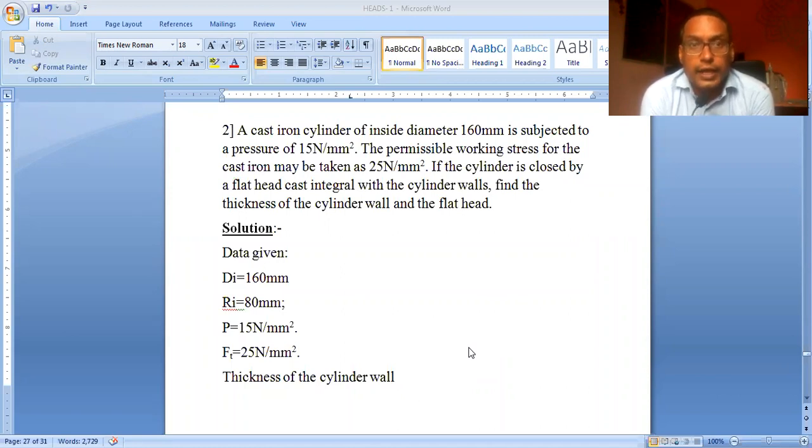However, we will take the first problem, that is the calculation of thickness with a flat head.